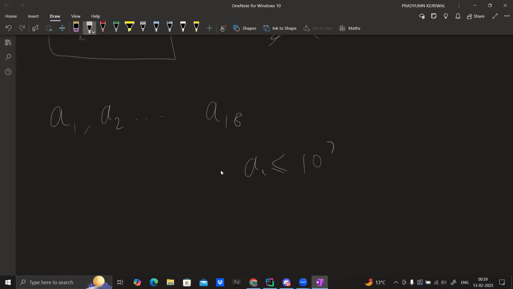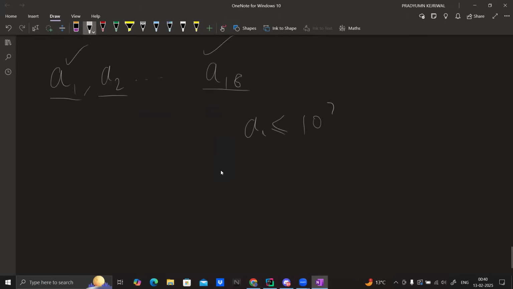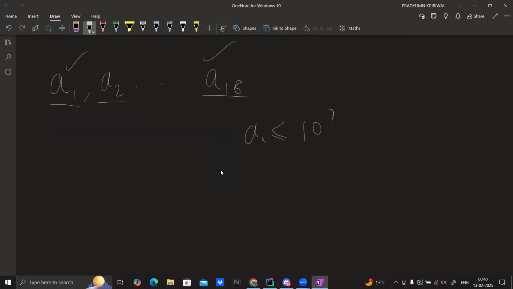So if all of them are not the same, like if some of them are distinct, like let's say a1 and a18 are not the same, then definitely at least one of these congruences fails. We wanted AI mod 2 to be equal, right? Then we wanted AI mod 3 to be equal and AI mod 4 to be equal, so we wanted till AI mod 18 to be equal.